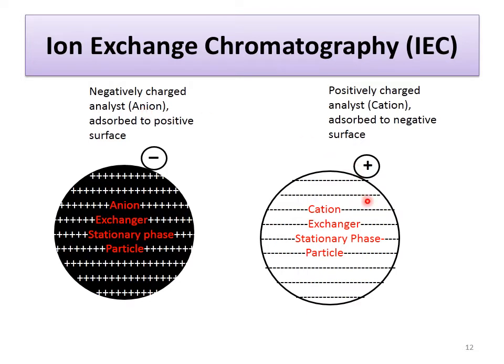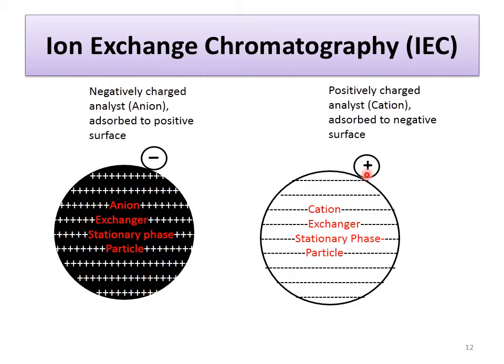In the other type of ion exchange chromatography, the stationary phase is negatively charged. So a positively charged protein can come and bind here, and later when the salt concentration increases, the sodium ions are going to compete for binding and displace this protein from the column.